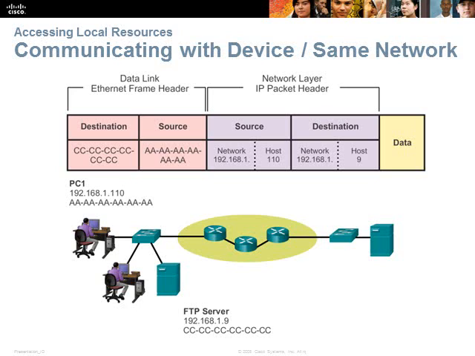You know that switches forward information only on MAC addresses. So realistically, all that you need to know to get from PC1 to the FTP server is a MAC address. You don't really need to know the IP address. That's something to think about when we're talking about communication in our LAN. Communication in our LAN is based on MAC addresses.